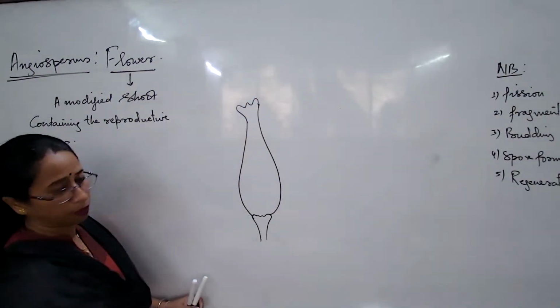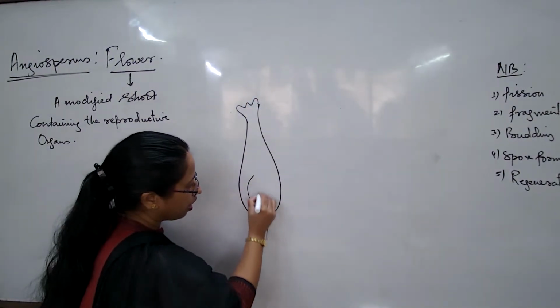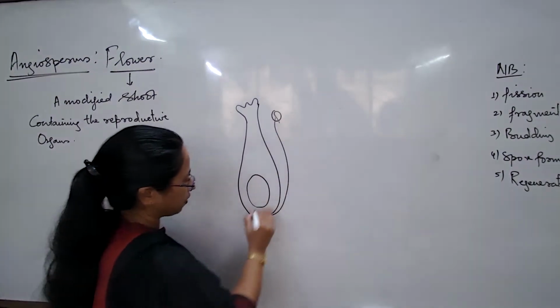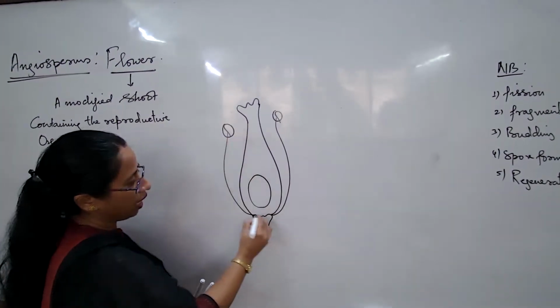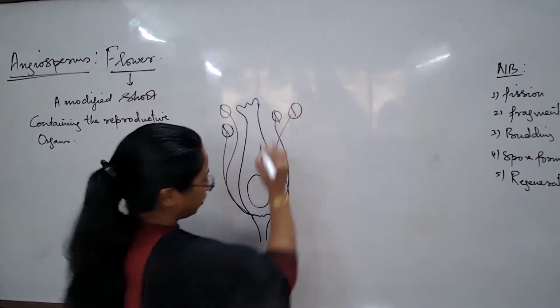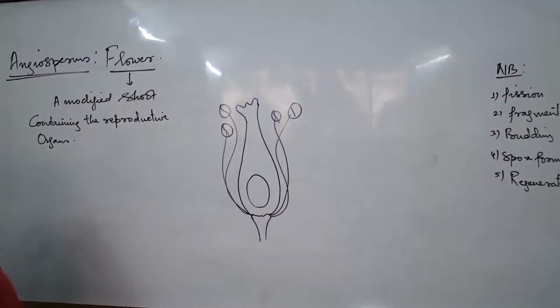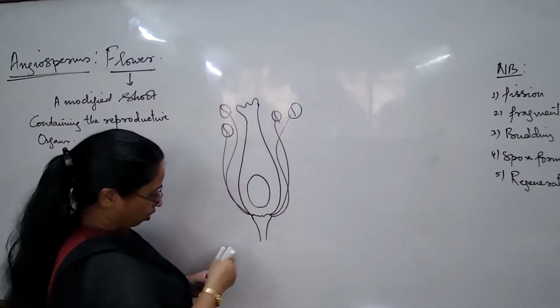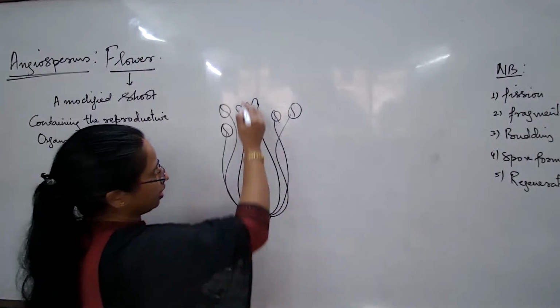To understand the basic structure, a flower has parts like the female part, then it will have the anthers. We are going to understand the function of each of these parts and the location, the position of each one of them. Let us try understanding.